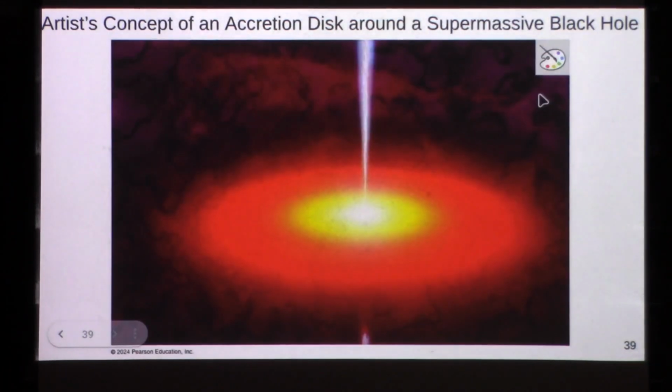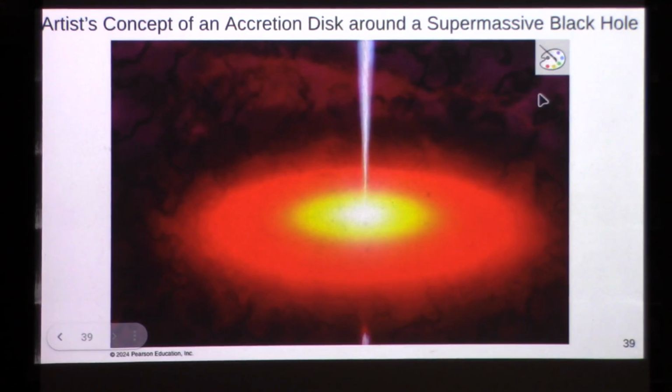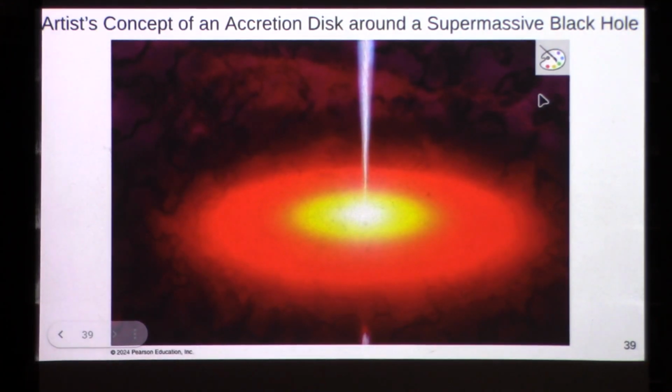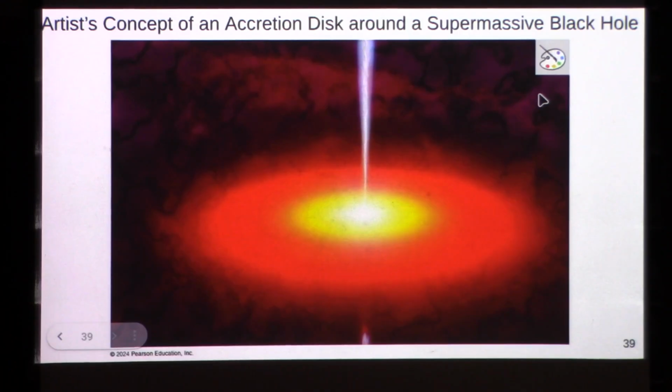Well, long story short, quasars are the centers of galaxies billions of light years away that have a big accretion disk around their supermassive black hole so that it is absorbing a significant amount of material and emitting X-rays because of the friction in that accretion disk.